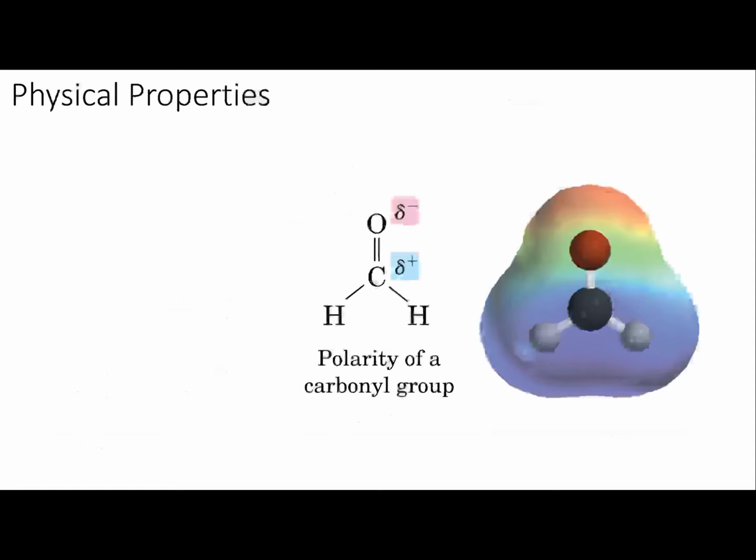So a carbonyl bond is polar. You can see it here. The oxygen will have a partial negative charge on it, and the carbon will bear a partial positive charge. We've seen some polarity before. So aldehydes and ketones are polar molecules, just like alcohols and amines tend to be.